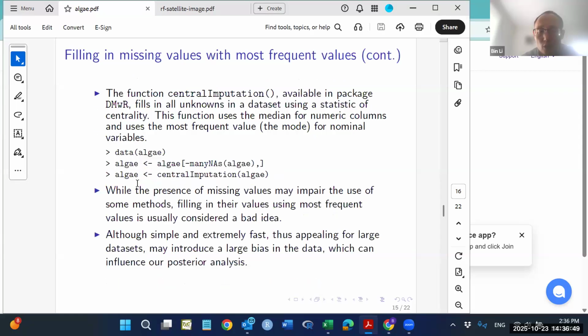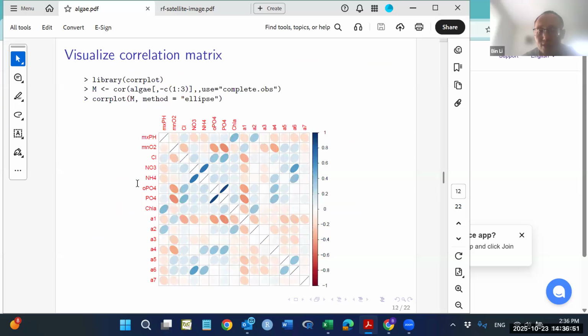However, remember that correlation matrix, look at this. They are highly correlated. So PO4 and oPO4, they are very positively correlated. Is that right? And the correlation is over 0.8, somewhere should be here. Okay, so very highly correlated.